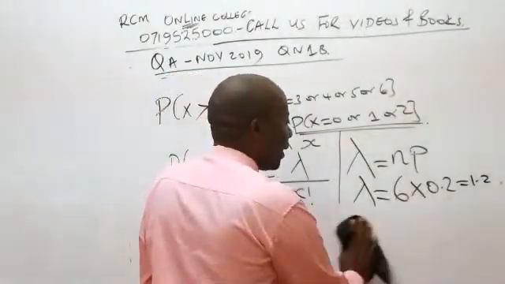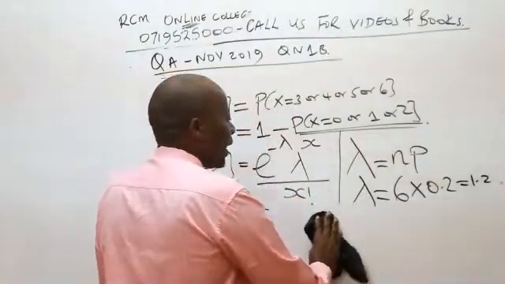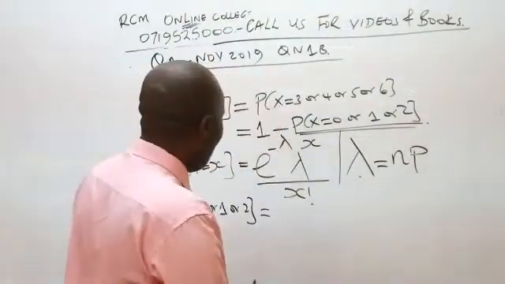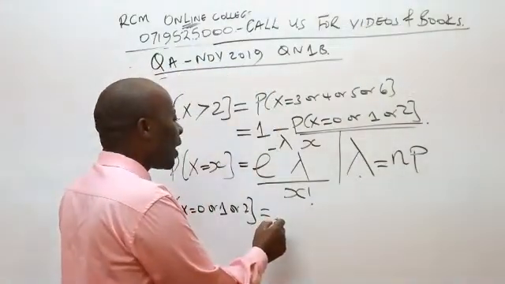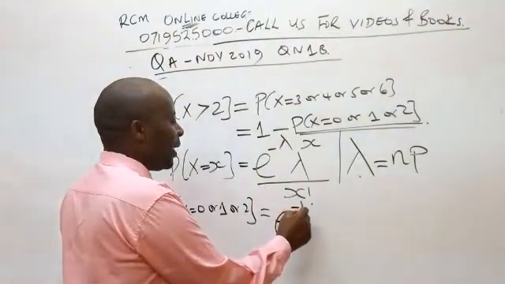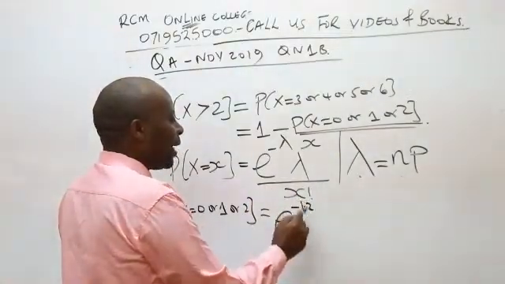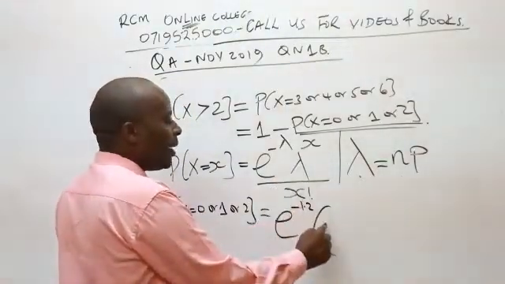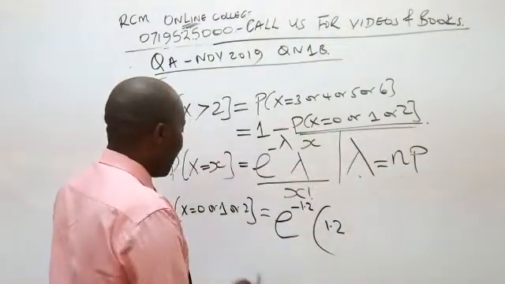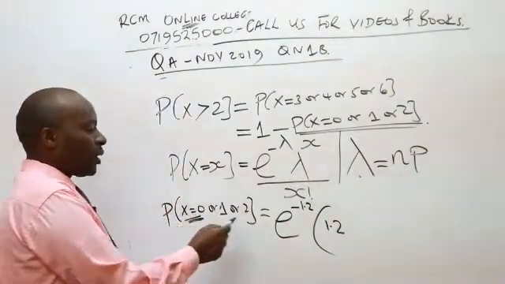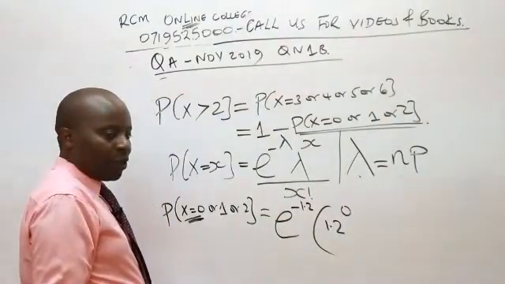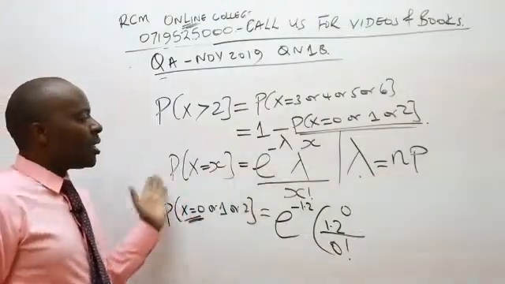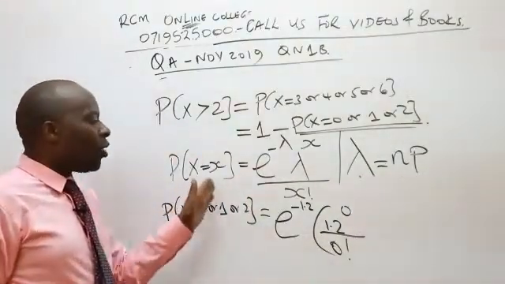Once I have my mean, I hope you have taken this down, now I will be able to get this. So I'll factor out e raised to negative lambda, times, inside brackets, lambda here is 1.2 raised to the first x figure, which is 0, all over 0 factorial. I'm factoring out this e because it's applicable to each one of them.